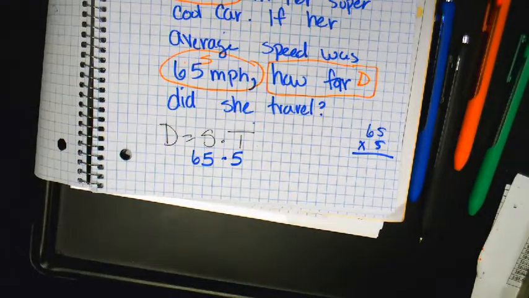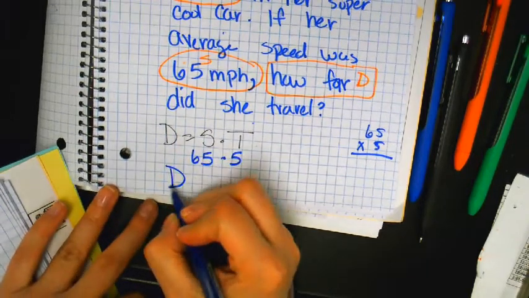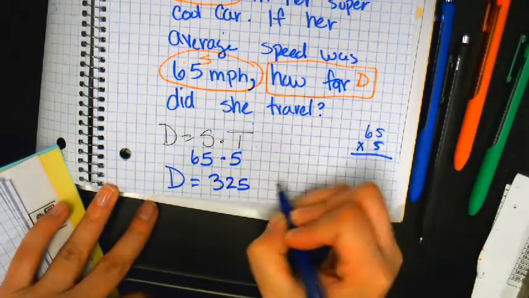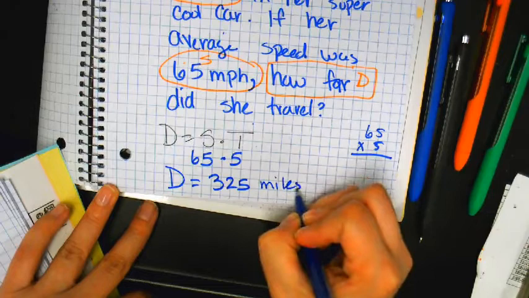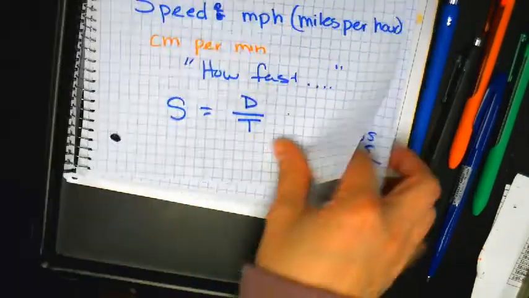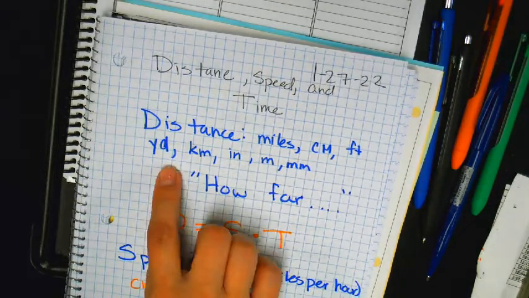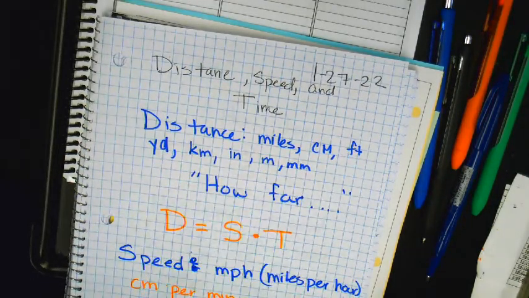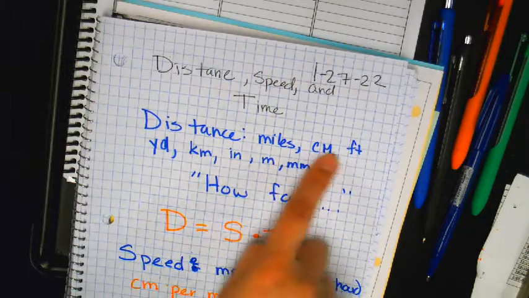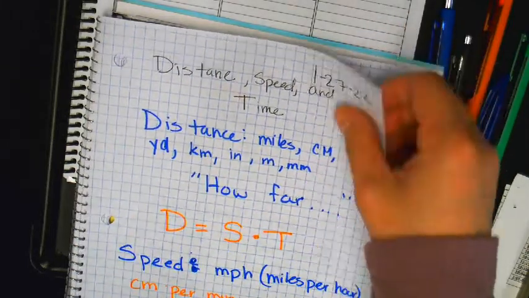What is it? 325 what? Yes, 325. Okay, so you go back and ask, what are my options? My options are miles, centimeters, feet, yards, like this, right? Not miles per hour, that's speed. So distance is one of these. So how do I know it's miles?